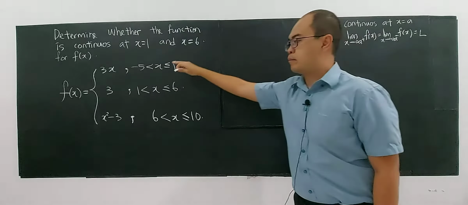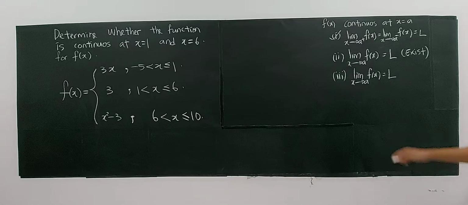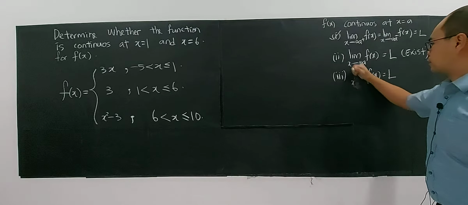The limit as x approaches a must exist. Exist means there is a value. Alright, there is a value. So number 3, the limit as x approaches a of f(x) will be L. Sorry, the value of f(a) will also be L, right?